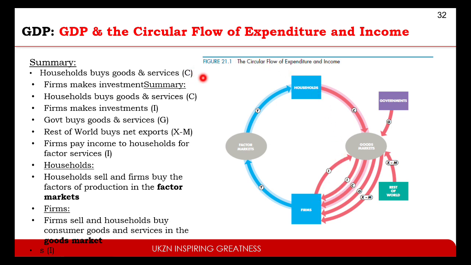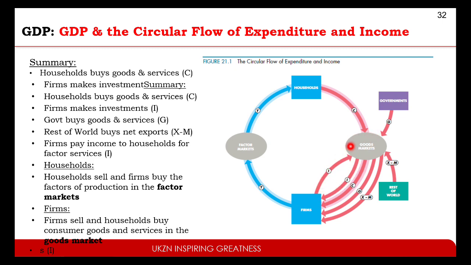Firms make investments. It's over here, I. Firms make investments, I, you can see it goes over here and goes over there. What they do over here in the goods market is make infrastructure, roads. If they build a factory, they make roads and stuff to transport their products.